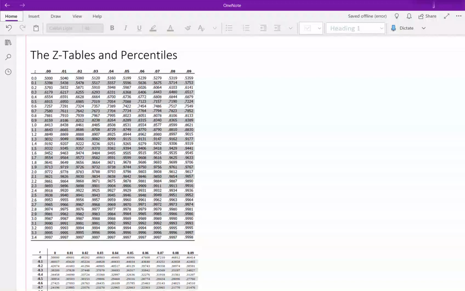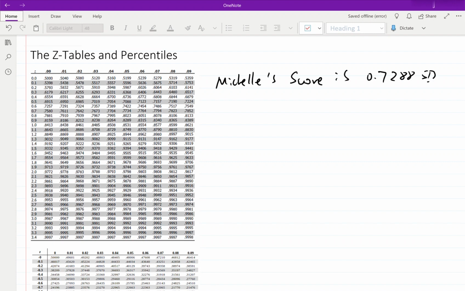Hi everyone. In this video, I want to talk about the concept of Z tables and percentiles. In the last video, we talked about Michelle's score being 0.7288 standard deviation above the national mean.